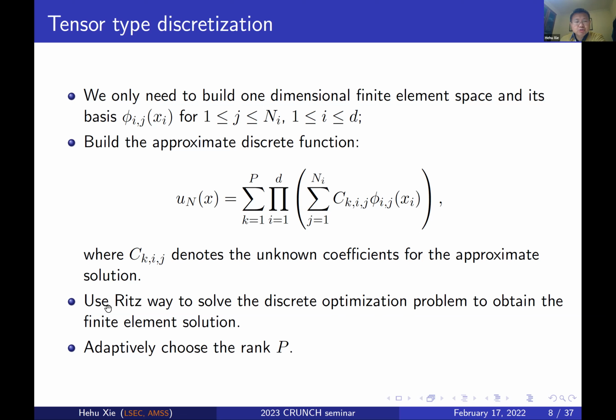For example, we can also use the variational way to define the equivalent problems for the finite element method, or a partial differential equation. About the length p, we can always use an adaptive way to choose it.